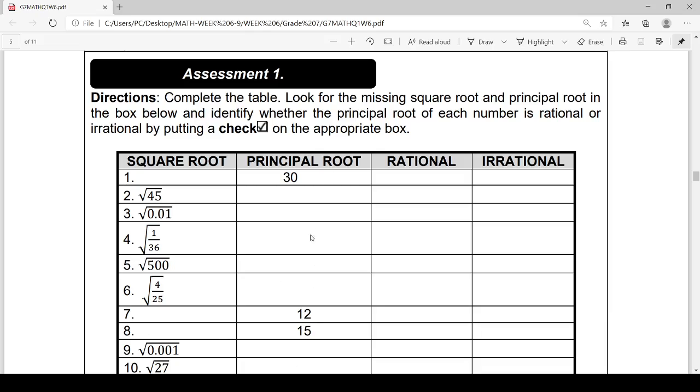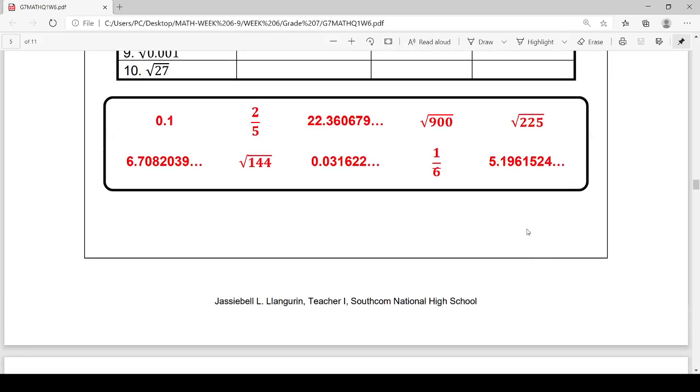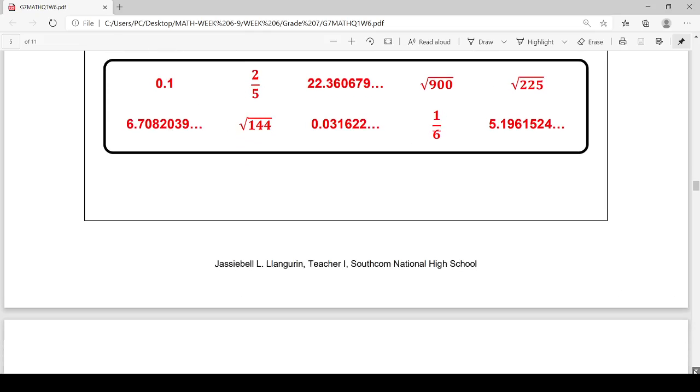And then based on the answer, you have to identify if it is rational or irrational. So only one answer, whether it's either rational or irrational. You just supply it there. So you get your answer from the box.